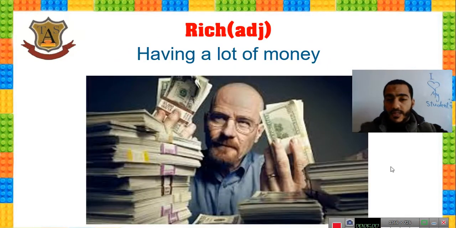The opposite of poor is rich. Rich means having a lot of money. I know that all of you know poor and rich. These are adjectives to describe things.